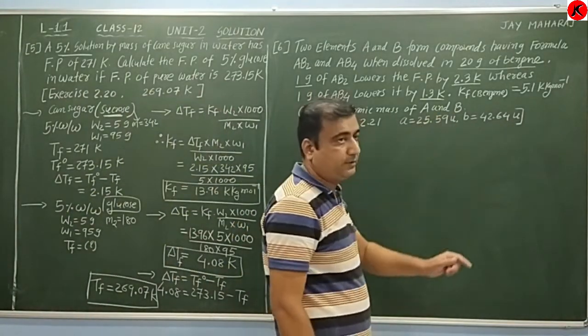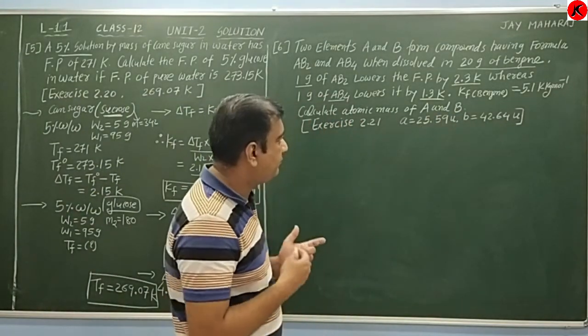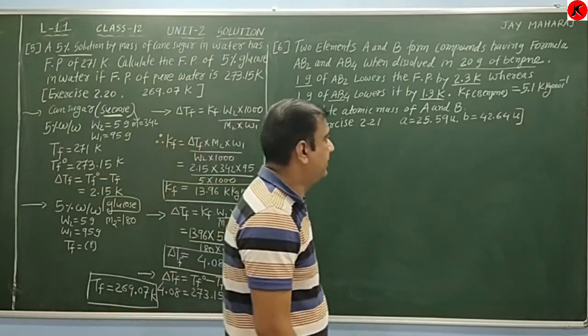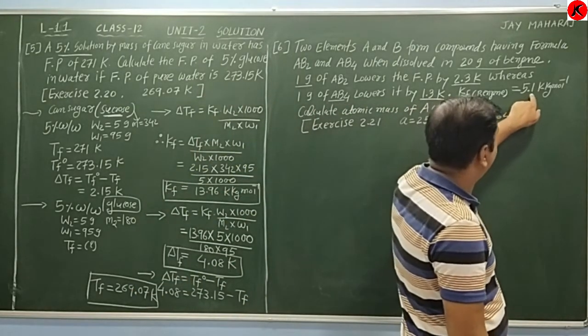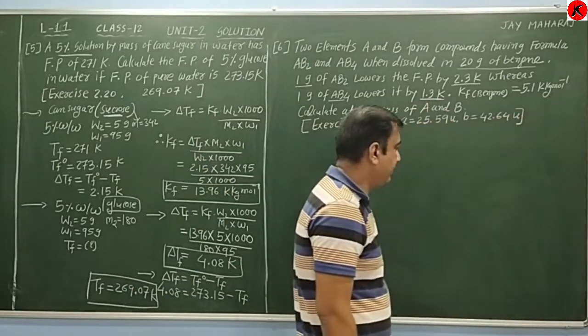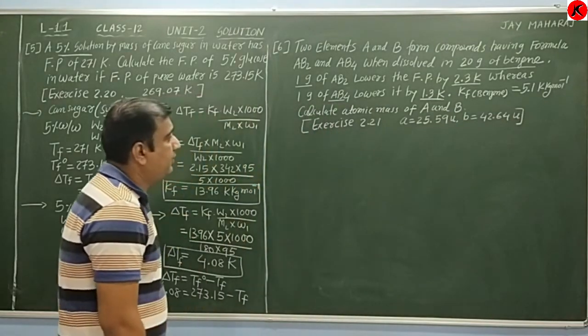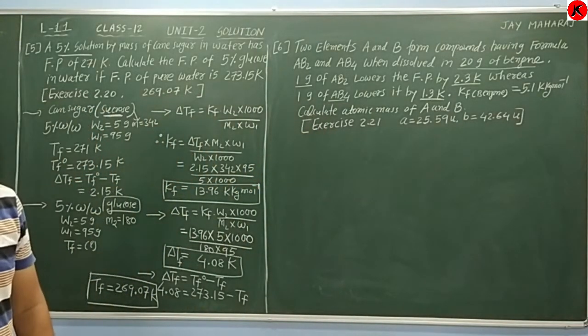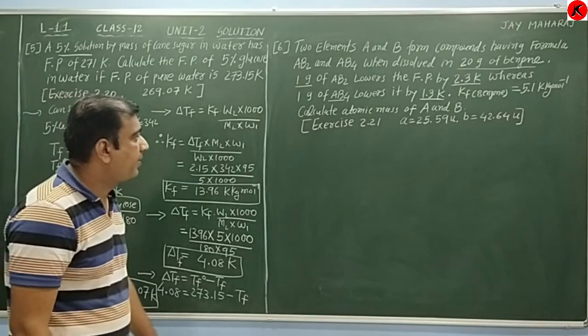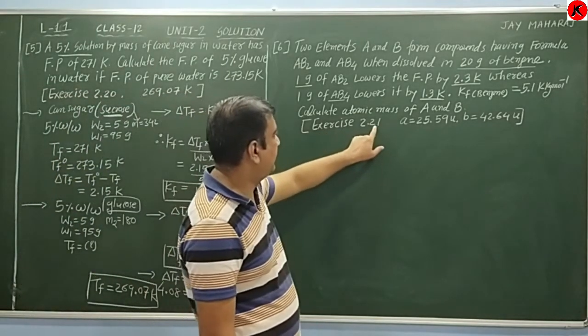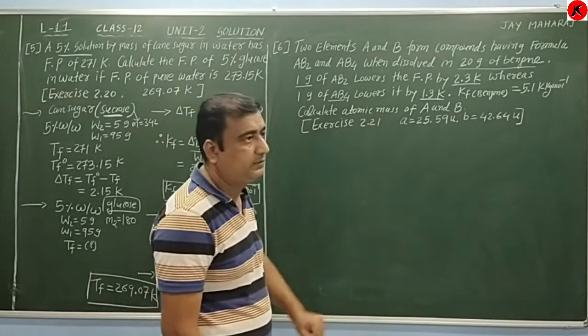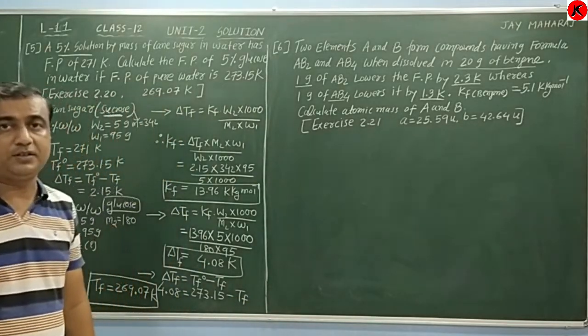The molar depression constant for benzene is given as 5.1 Kelvin kilogram mole inverse. Calculate the atomic mass of A and B. This is exercise question number 2.21.